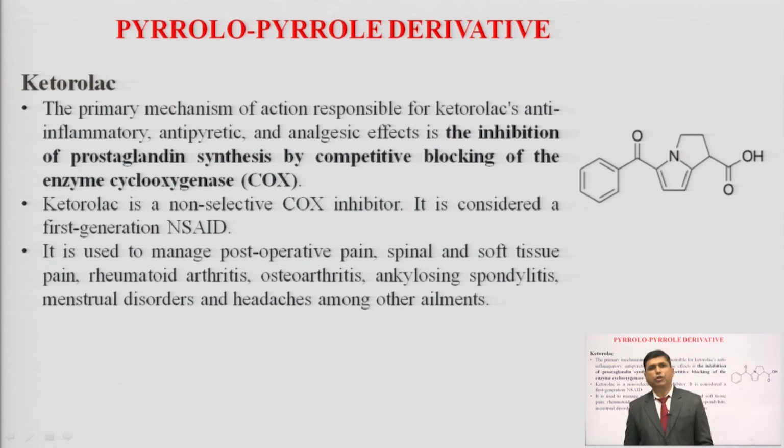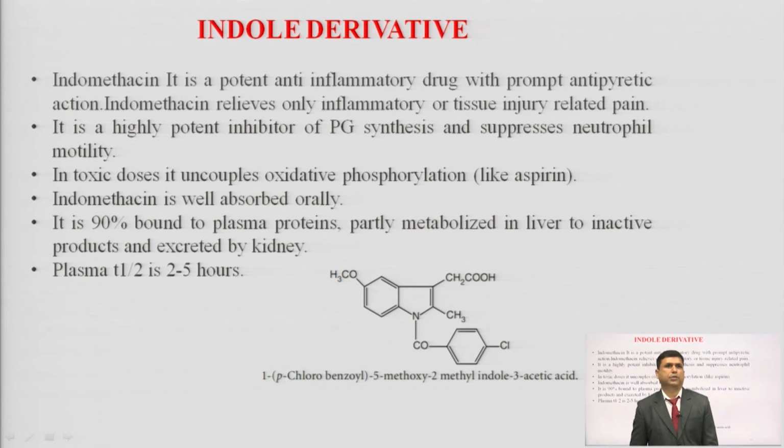That is why it is considered a first generation non-steroidal anti-inflammatory drug, and it is used to manage post operative pain, soft tissue pain, rheumatoid arthritis, osteoarthritis, spondylitis, menstrual disorder, headache and some other causes.